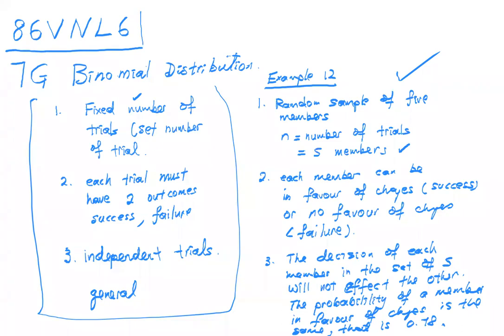Okay, now. Every time when we talk about a binomial distribution, we will write down, in this case, what is our random variable x here? I use example 12 to talk about the whole thing. Example 12. Okay, what is x? How do you define x in this case? Look at the question and tell me what is x.